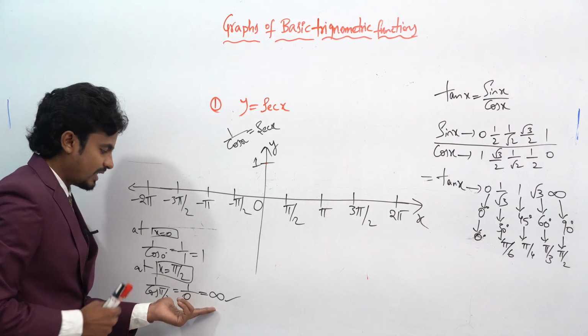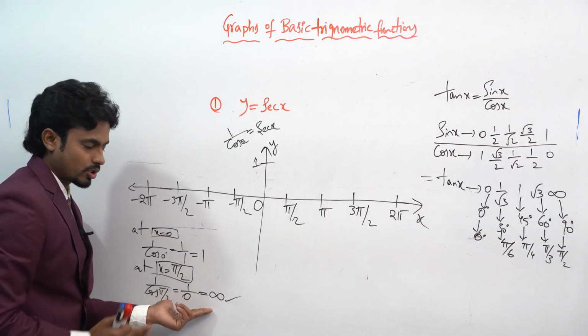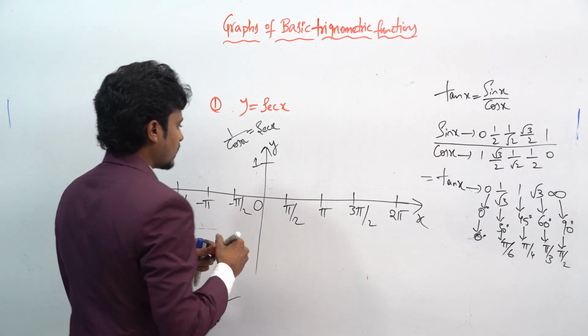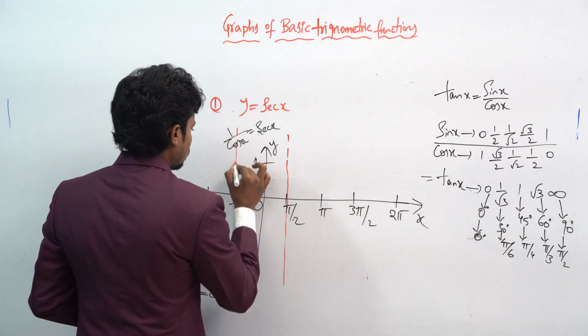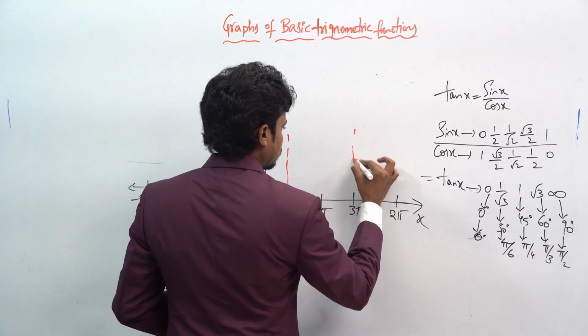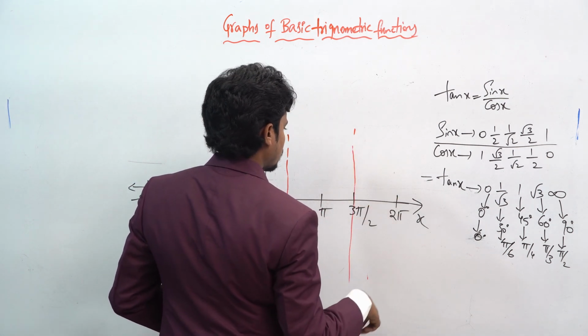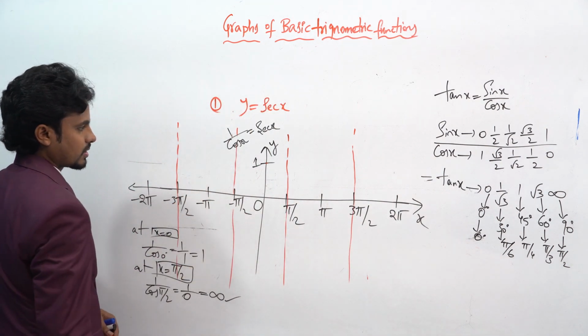This will be undefined. So whenever you see undefined, you have to represent it with asymptotes. Here asymptotes, and here also asymptotes, and here also. Okay, first step is over.